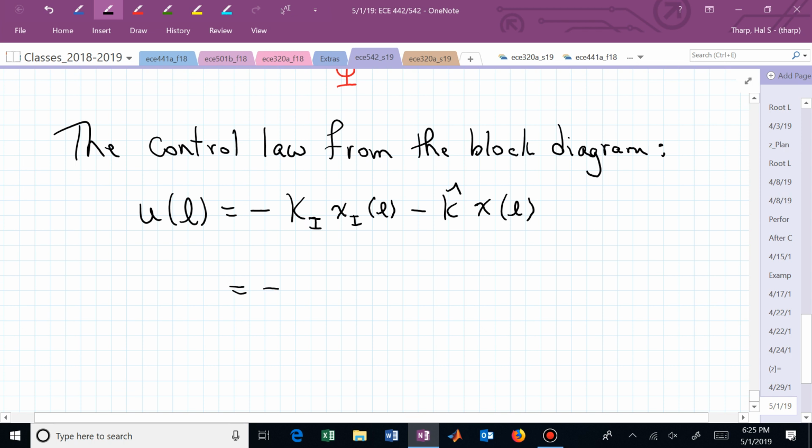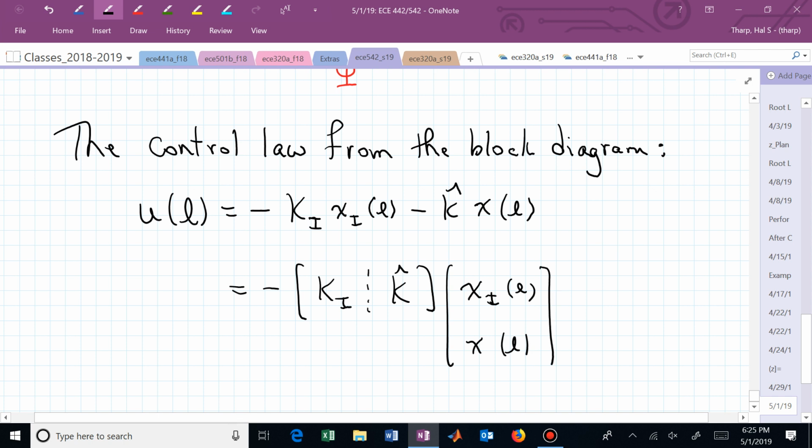Or this is now minus k sub I partition k hat, times x sub I of L and x of L. And you could think of this as an augmented full state feedback gain matrix.